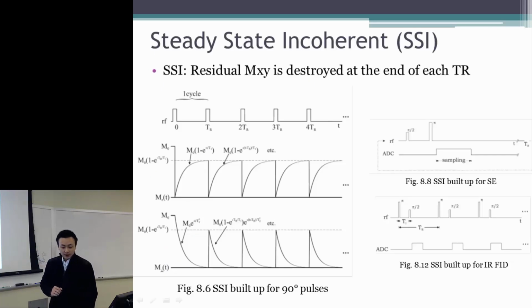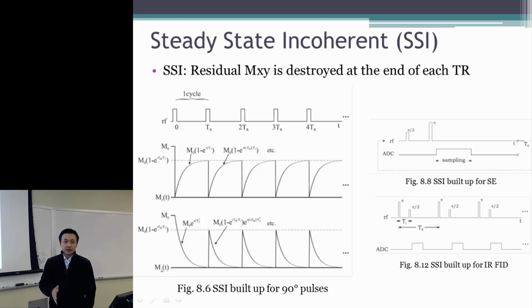Okay, there are two concepts about the steady state: the incoherent steady state and the coherent steady state. So what is the incoherent case? The incoherent scenario is that the residual transverse magnetization is destroyed at the end of each TR, or just before each excitation pulse.